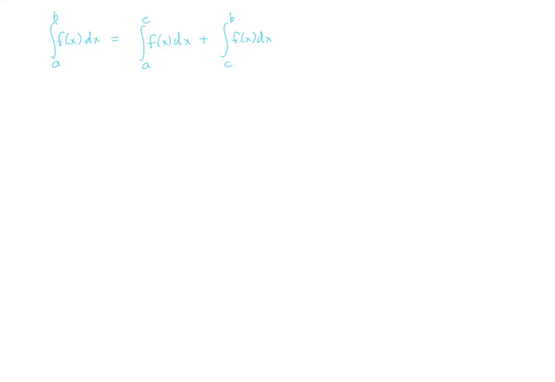So here, when we say the integral from a to b, a could be less than b or greater than b, and c could be between a and b, or on the side of a, or on the side of b. It doesn't really matter. As long as the corresponding integrals are defined, we're going to have this relation.